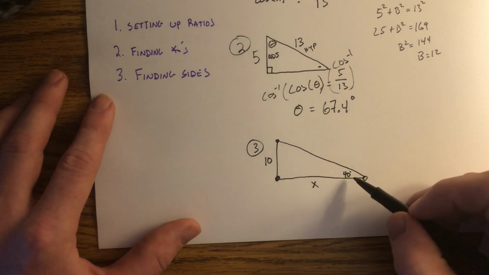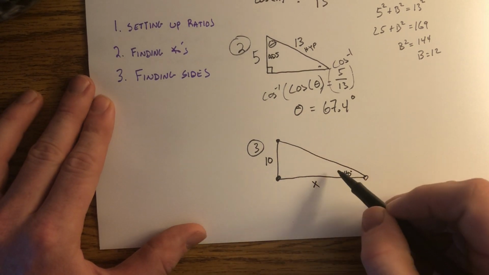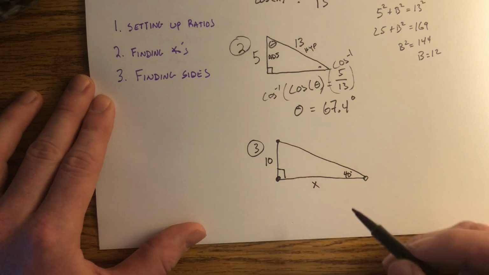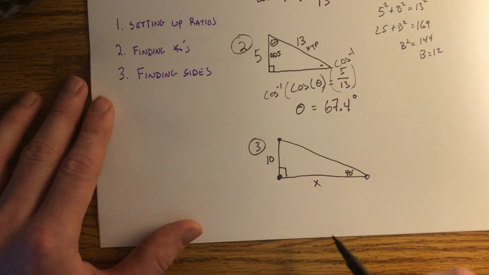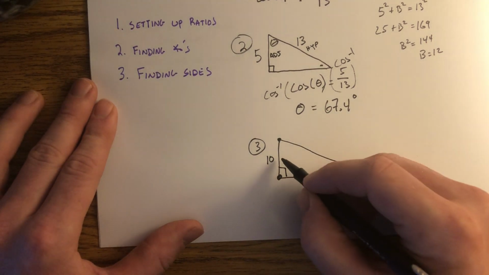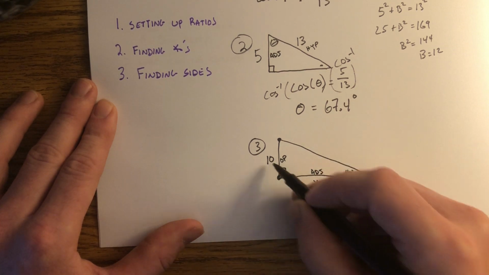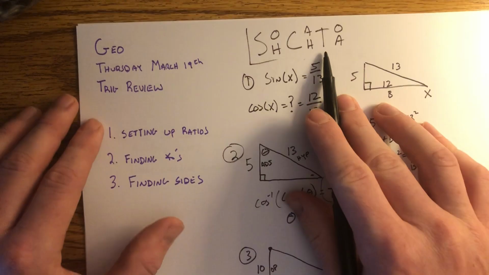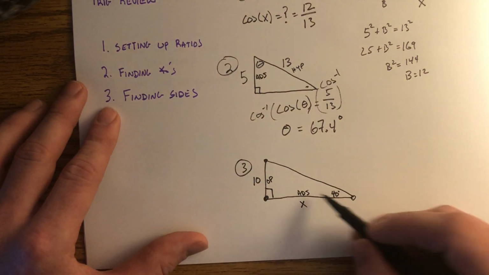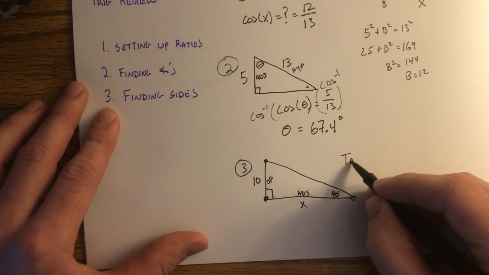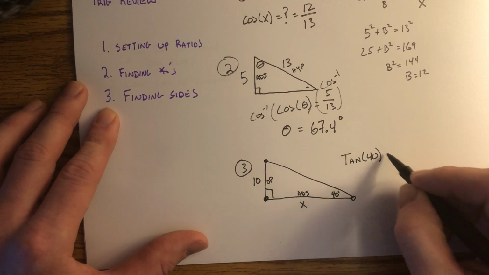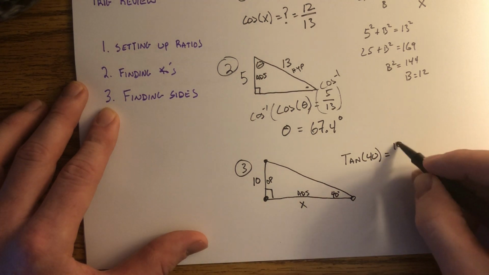Okay, so all you have to do is say, okay, where's 10 in relation to 40? Well, this has to be a right triangle in order for this to work, so that is a right triangle. Where's 10 in relation to 40? It's opposite. And where is x? It's adjacent. And now we use opposite and adjacent, so that's going to be tangent. So we'll go tangent of 40 equals opposite 10 over adjacent x.